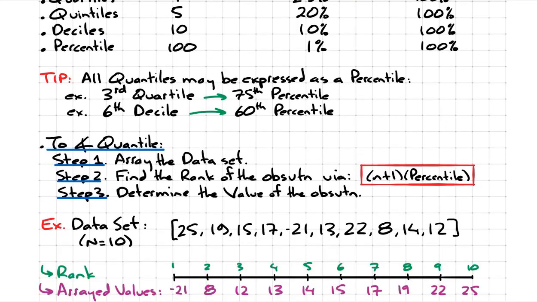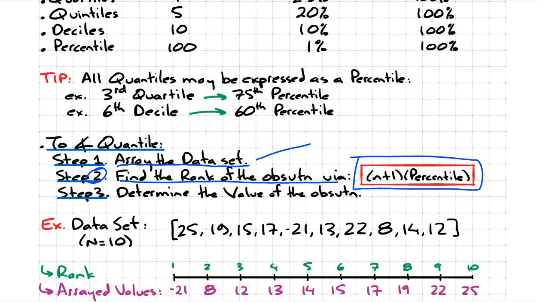So first of all, to calculate the quantile, the first thing we need to do is array the data set. That's when you need quantiles, to organize data. So the first thing we're going to do is arrange the data in order. Then step 2, we're going to find the rank of the observation using the following framework.